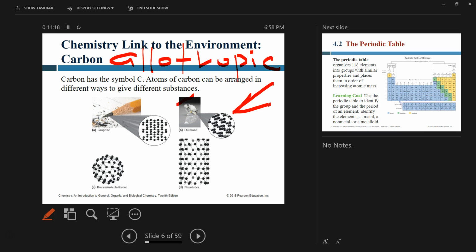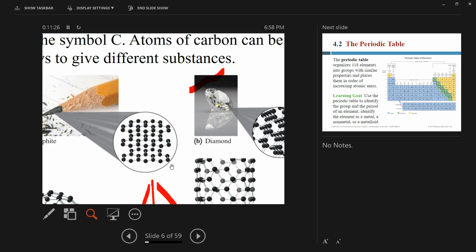Now, if you would look at graphite, I don't know if you can notice that. They're organized in layers. Can you see the layers? When you write, these layers, basically like tiny little scales laid down on paper, this is why you can see the writing. Does that make sense?